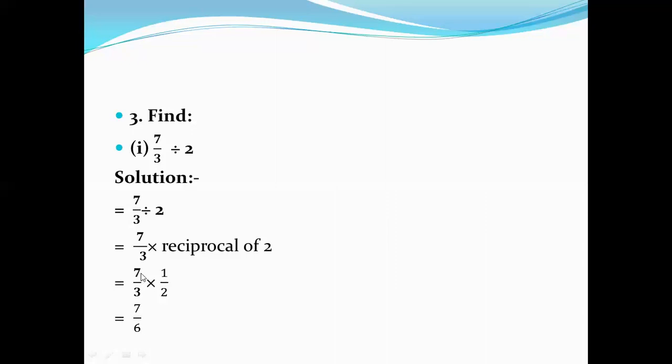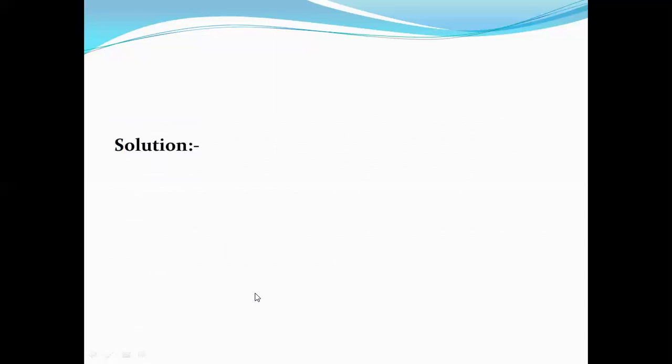Before multiplying numerator and denominator, we have to see whether it can be reduced or not. Here we cannot reduce it. In the 2 table there is no 7, and in the 3 table there is no 1, so we cannot reduce it. So I just multiplied 7 into 1, 7, 3 2s are 6. Okay children, we will move to the next problem.